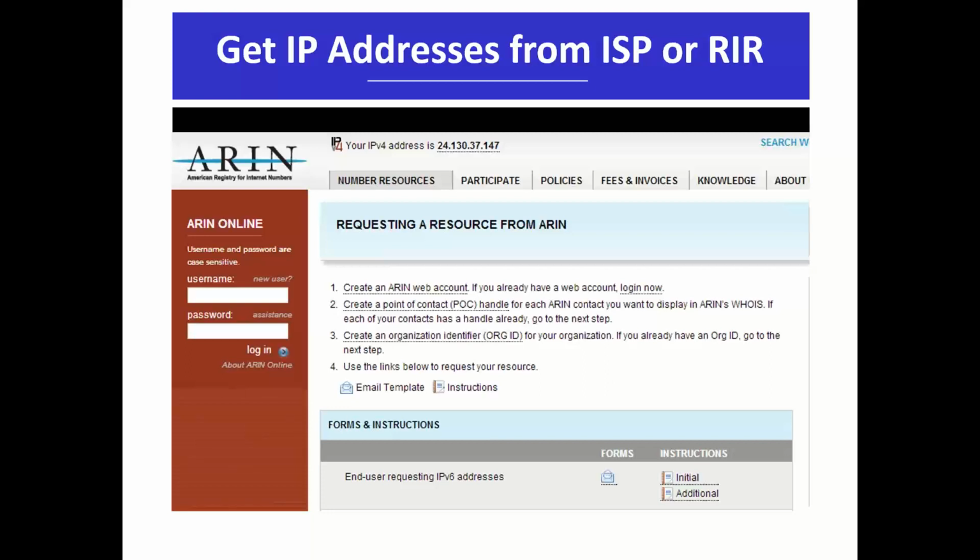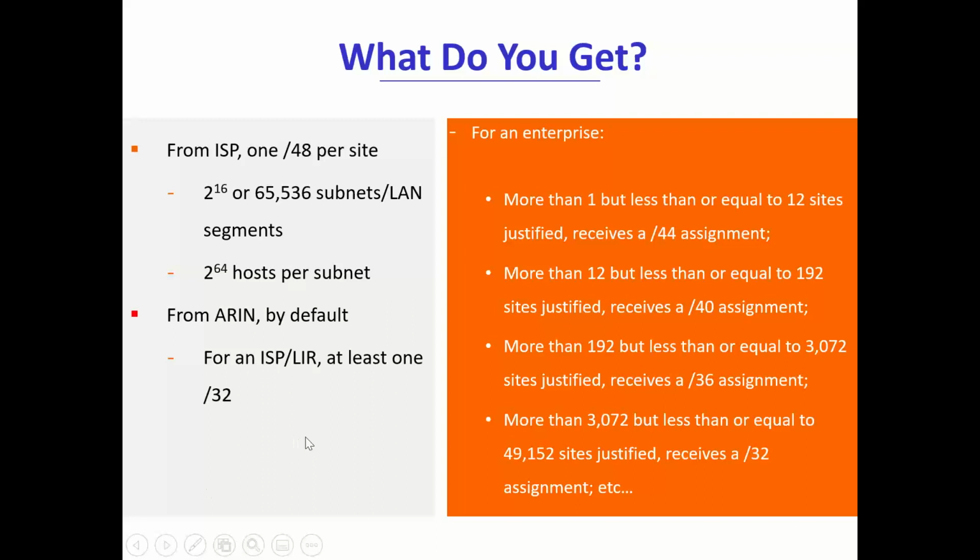You may say, I do not wish to be at the mercy, if you will, of one provider. I wish to have addresses from two, just in case there's a problem with one, I can have a hot backup to the other. So it's easy enough to go up to your registry or your ISP, ask them, how does it work?